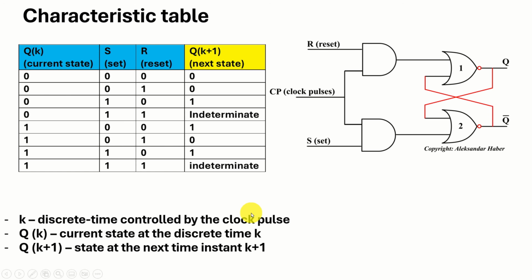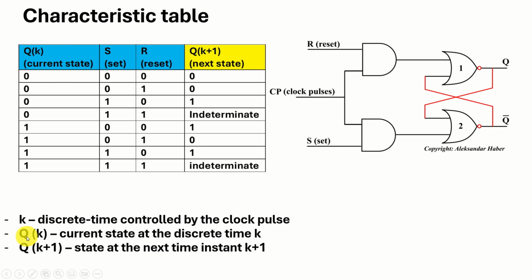Next, let's create a characteristic table for our flip-flop. Let's introduce the notation. Letter K denotes a discrete time instant controlled by the clock pulses. That is, K can go 0, 1, 2, 3, 4, 5, etc. That is, we can count and increase K at every rising edge of the clock pulse over here.